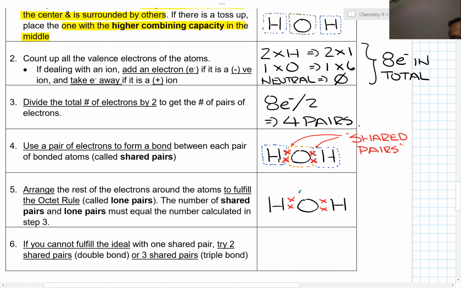So now I can put up here, above and below oxygen, my lone pairs. Okay?